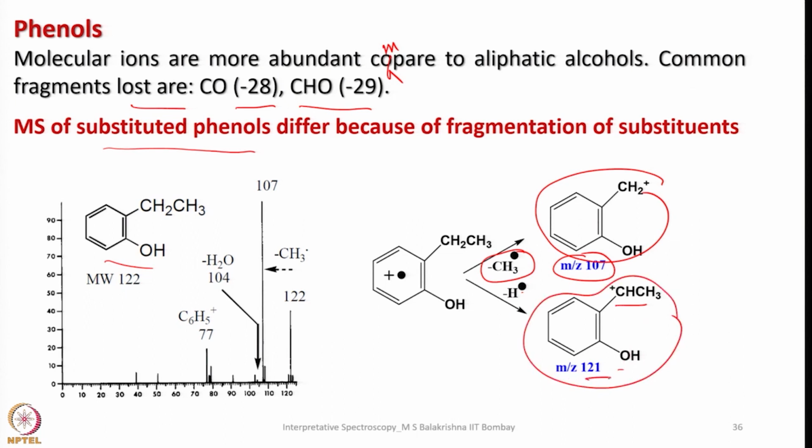A typical example is shown here with molecular weight 122. So 107 is shown here, 121 is here, and then 77 further goes, which is eventually due to the phenyl radical.